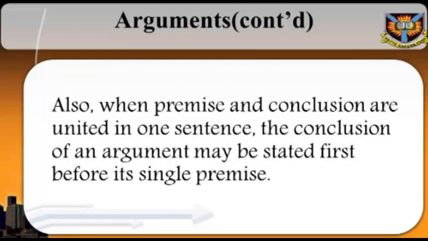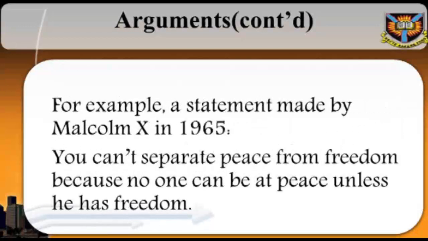It is also the case that even when premise and conclusion are united in one sentence, the conclusion of an argument may be stated first before its single premise. Let's take, for example, a statement made by Malcolm X in 1965. You can't separate peace from freedom, because no one can be at peace unless he has freedom.